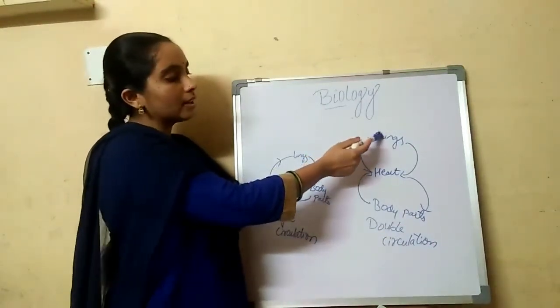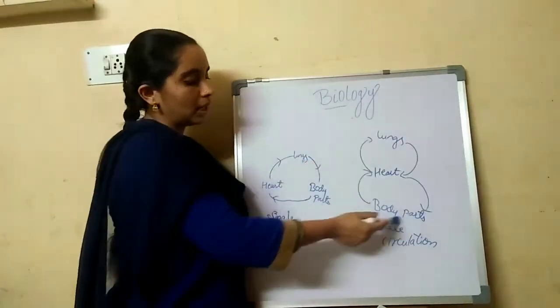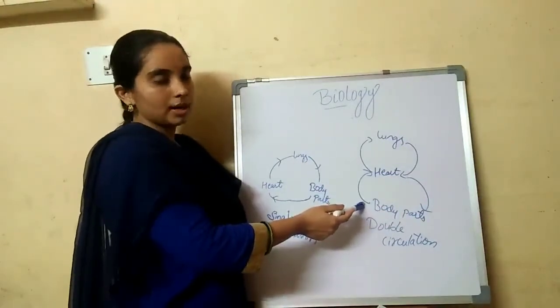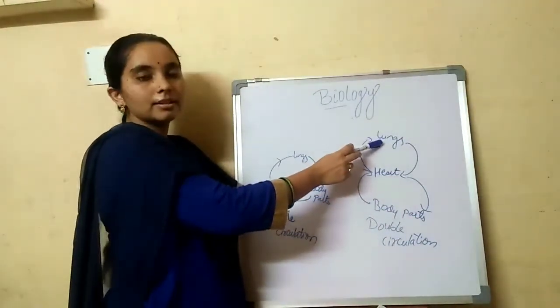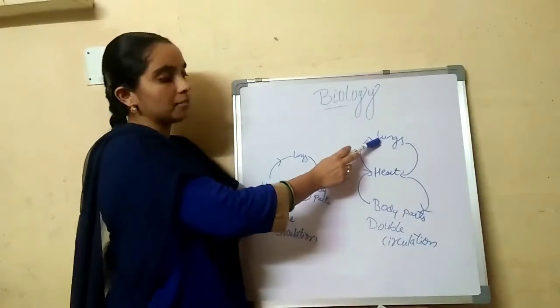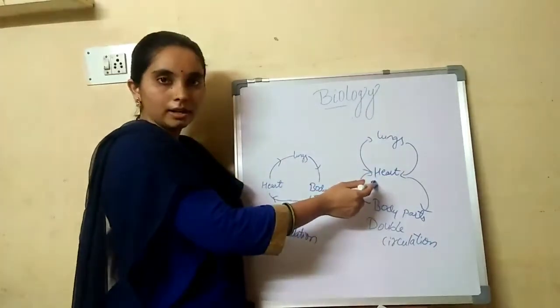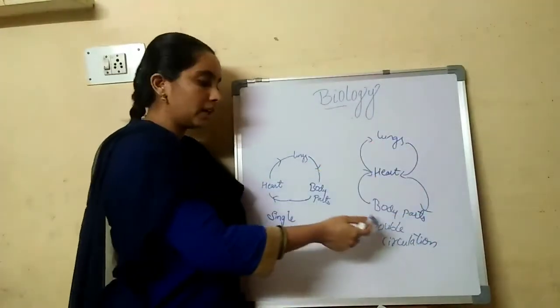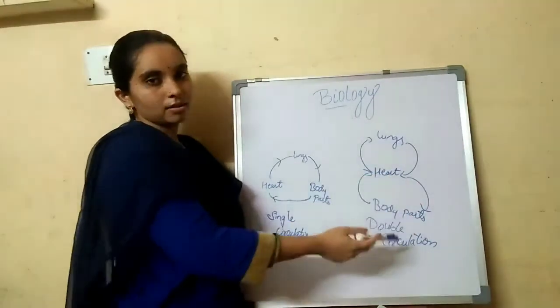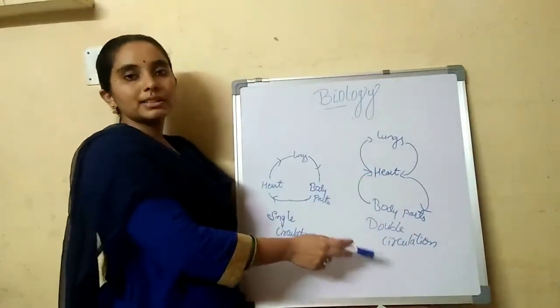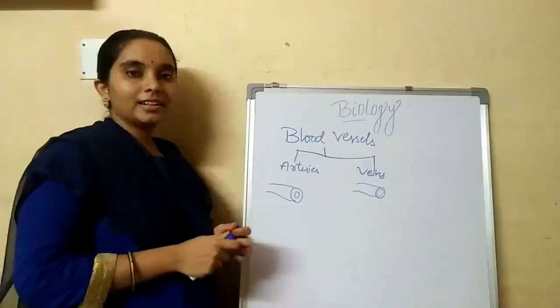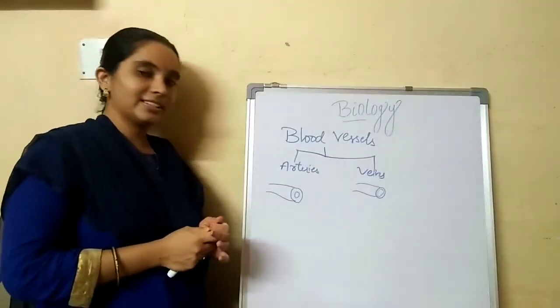Here the lungs don't directly give oxygenated blood to the body parts. Instead, the oxygenated blood from the lungs is given to the heart. Now the heart will pump the blood into all the body parts. So that is why it is called double circulation.